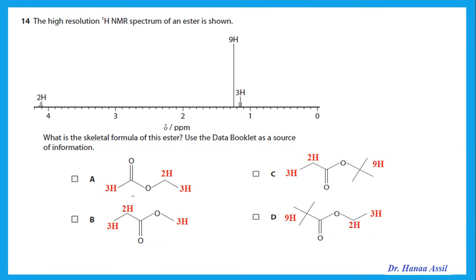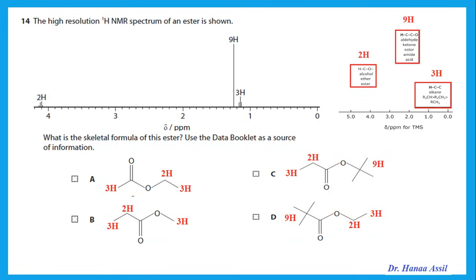So the one that applies is this one. And if you are not sure, you can look at the data booklet. If we have these shifts for the peaks, you can check to see that this would be the correct answer.